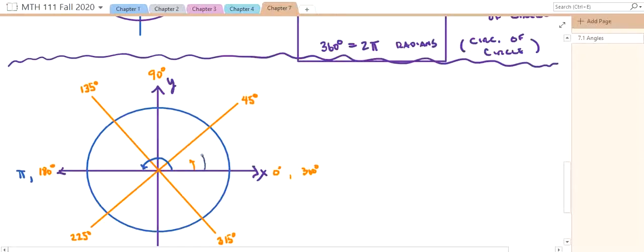So now if I only go a quarter the distance, or 1/4 of pi, this is pi over 4. And if I go pi over 4 again, so that's pi over 4 plus pi over 4 is 2 pi over 4, or this is pi over 2 up here at the 90 degree. So 90 degrees is equal to pi over 2. 45 is pi over 4.